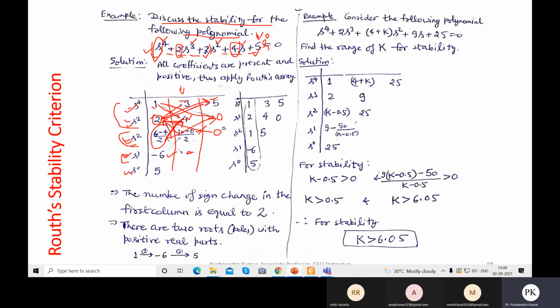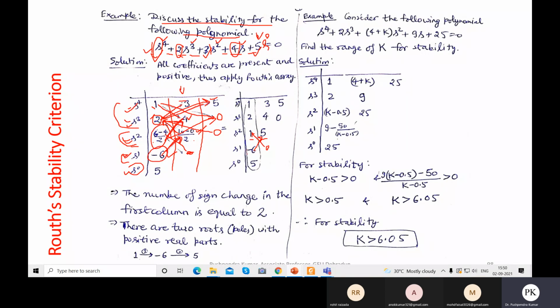Similarly for the last row, you multiply this by this. This is calculated as 1 and this is calculated as 5. So 6 multiplied by 5 minus 1 multiplied by nothing, so 0, and divided by 6 only.